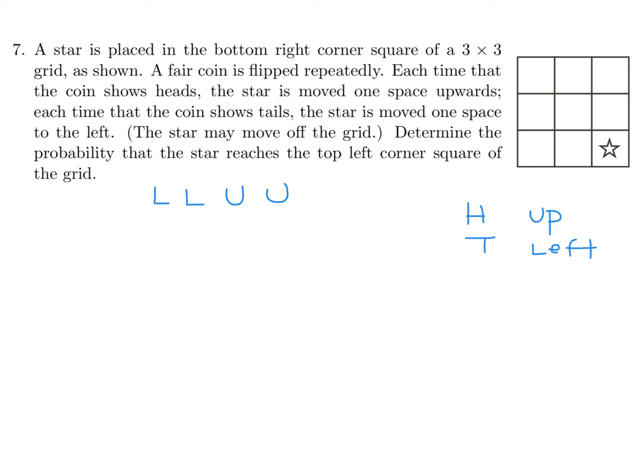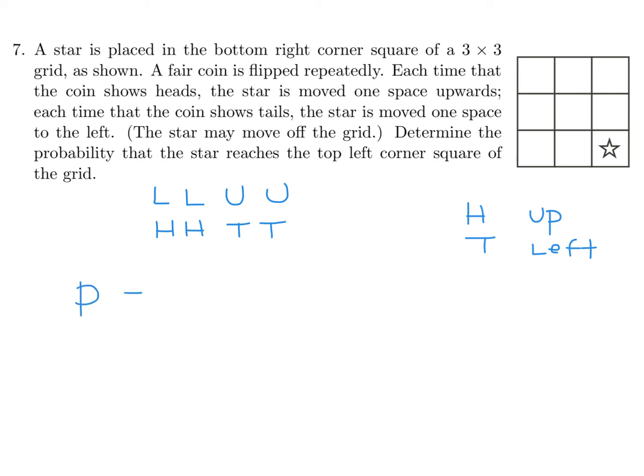As long as there's 2 L's and 2 ups, it could be 1 L this way, 1 up, up, and then 1 L that way. So in any combination, we have to have at least 2 L's and 2 ups. So 2 L's and 2 ups really just mean 2 heads and 2 tails. So we have to figure out how many ways there are to get 2 heads and 2 tails if you flip the coin 4 times.